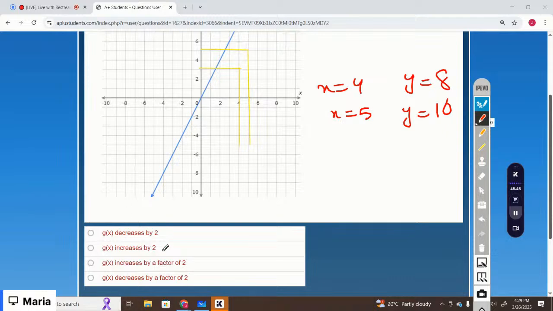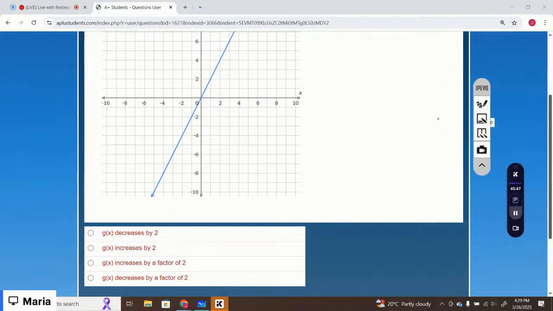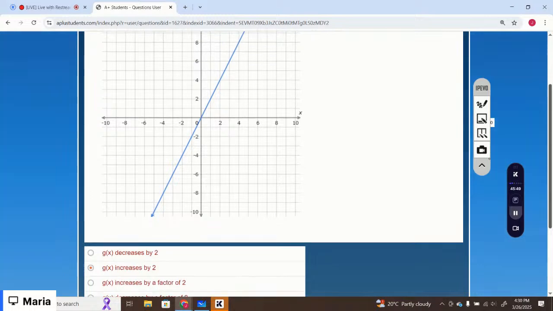That is, g of x increases by 2. Option number 2 is the correct option.